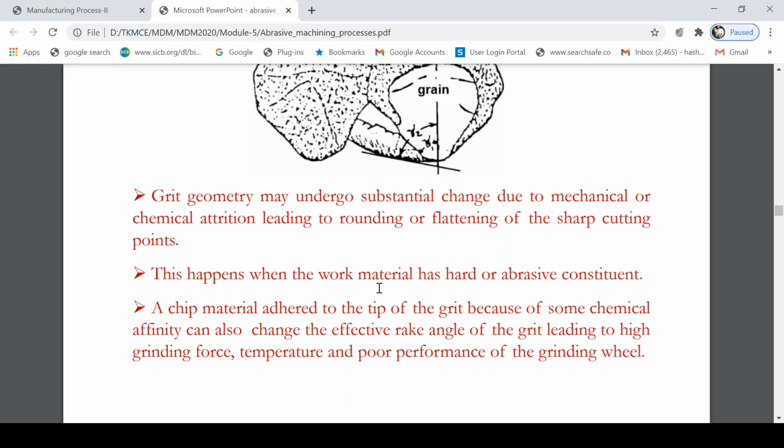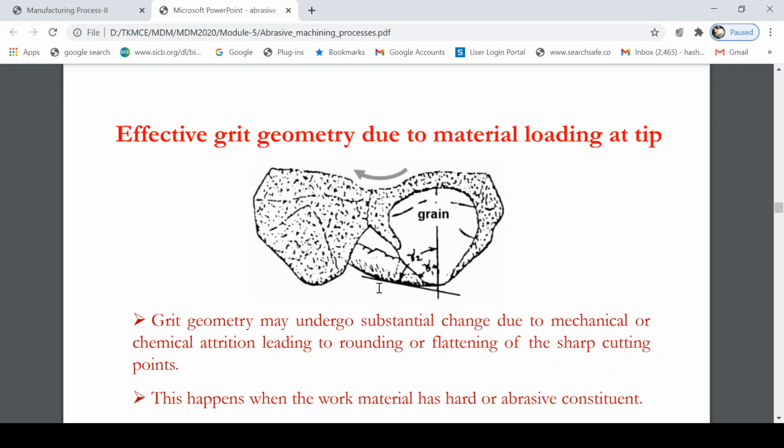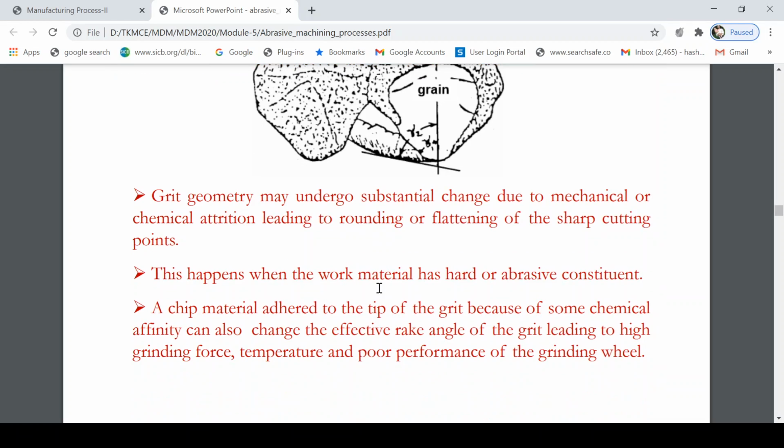So if the work material is very hard, then this happens. That is, the geometry of the cutting edge or the tip of this abrasive material may change. A chip material adhered to the tip of the grit because of some chemical affinity can also change the effective rake angle or the cutting edge.